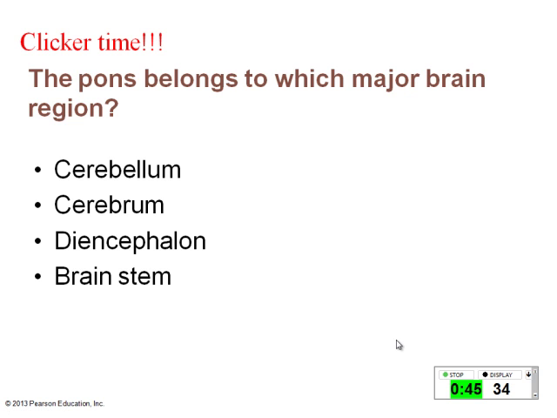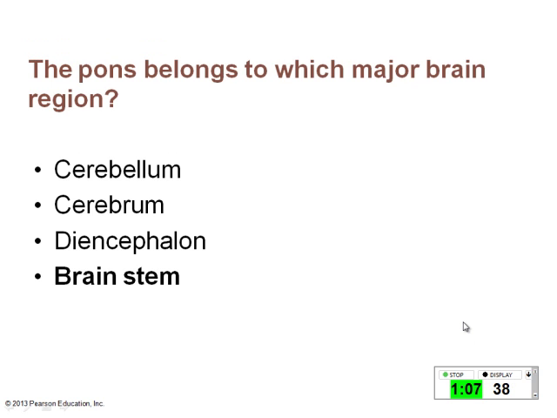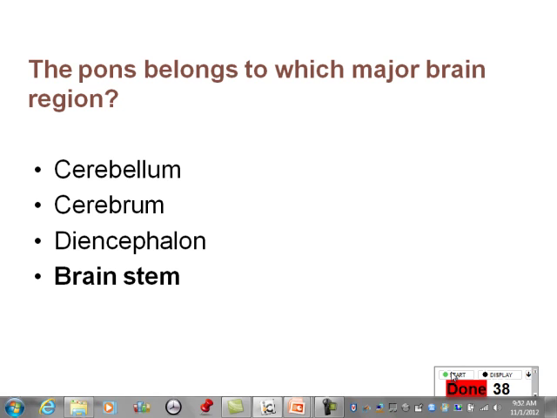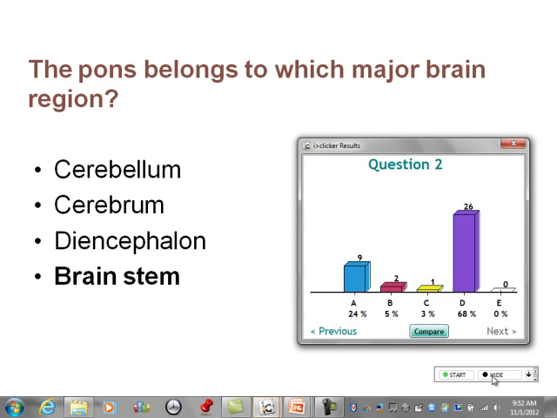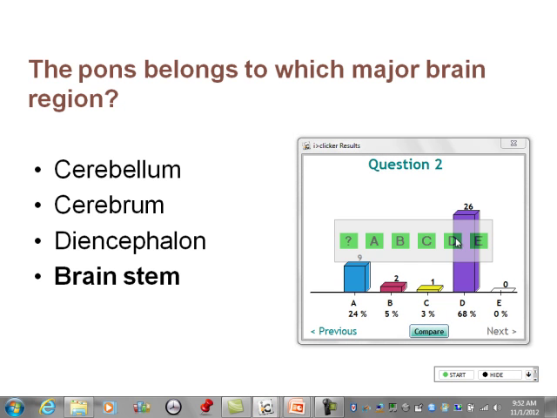Only 33 today? There's more than 33 bodies out there. 5, 4, 3, 2. Poke a number, poke a letter, do something, just so I can know you're here. You done? Brainstem is the answer. D. We haven't talked about the cerebellum yet.